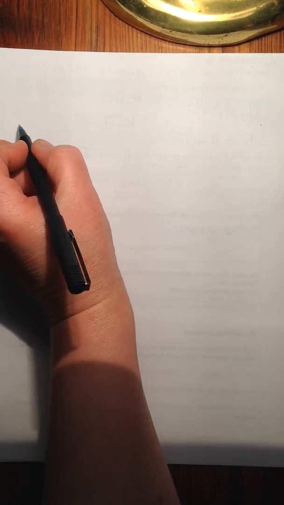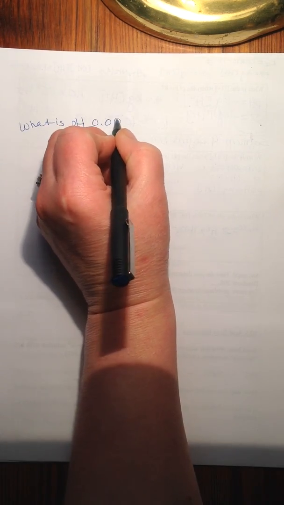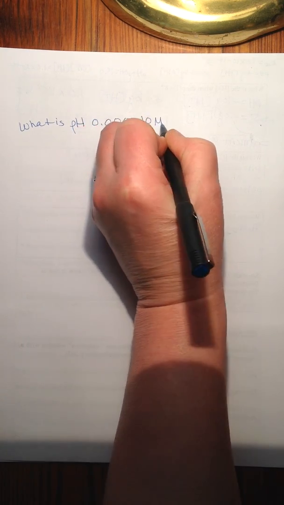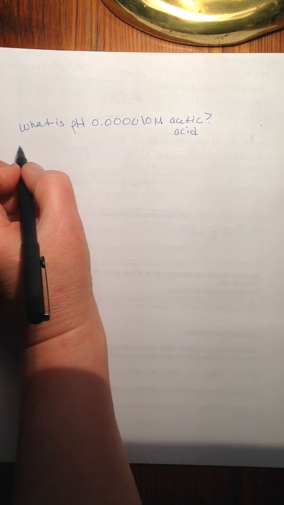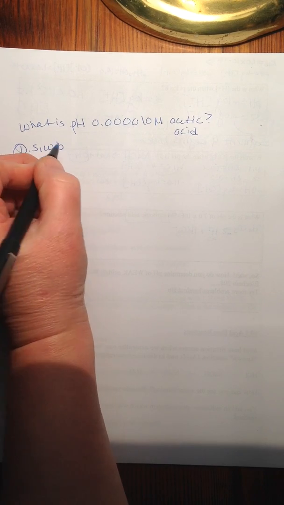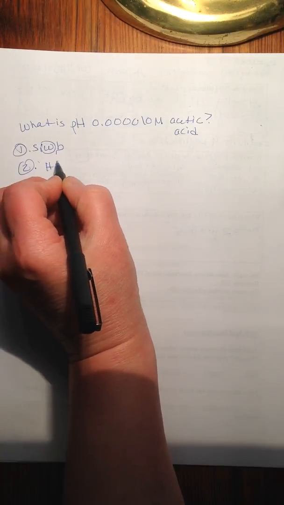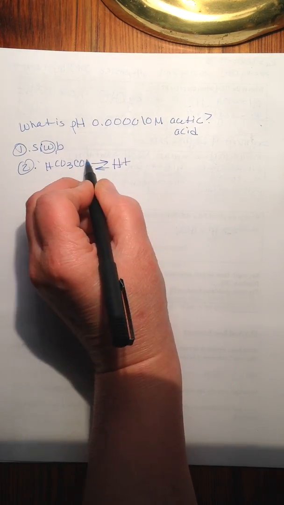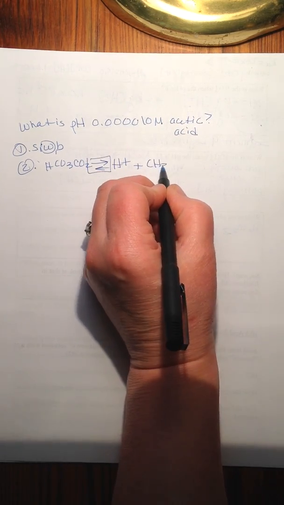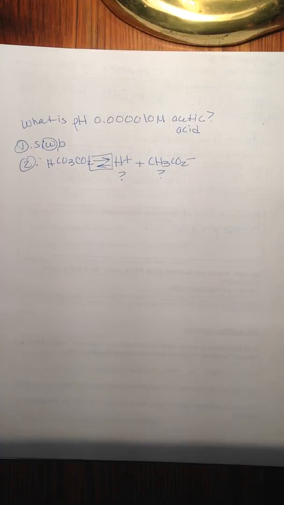Okay, so let's say that we have a question like this. What is the pH of 0.000010 molar acetic acid solution? Well, acetic acid, strong, weak, or buffer, it's weak, which means that when we deprotonate, double arrow, we don't know how much of this we get, and we don't know how much of that we get.